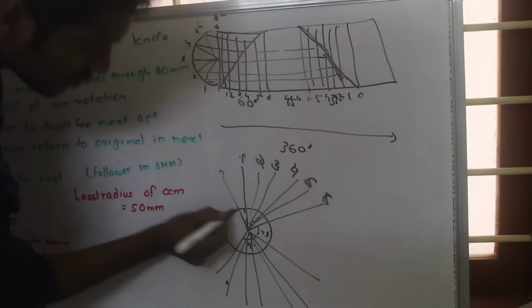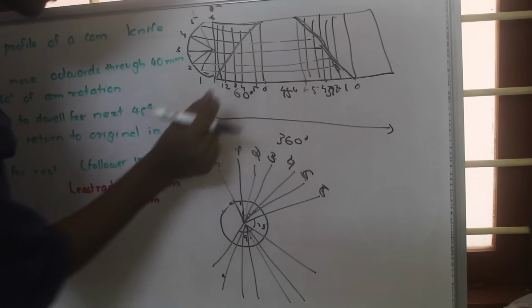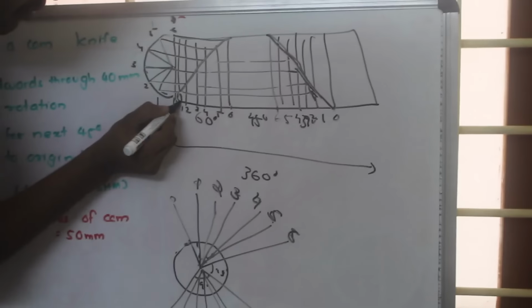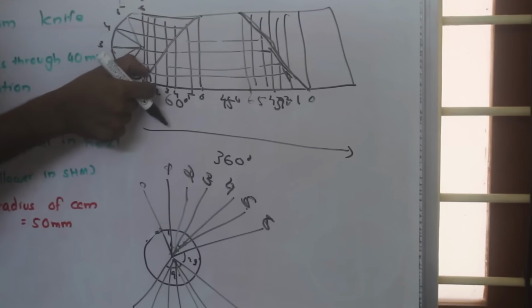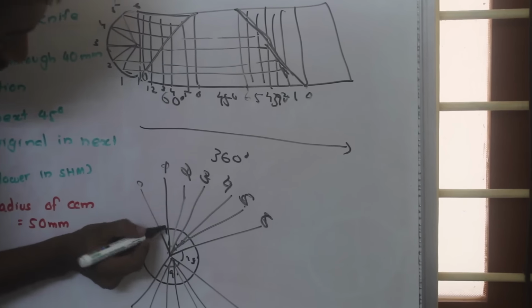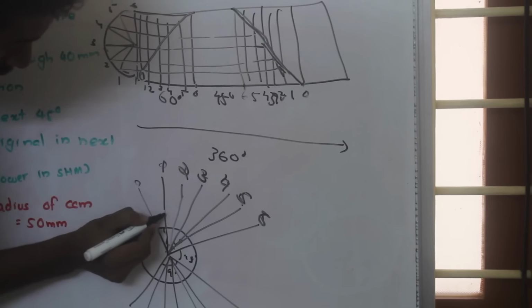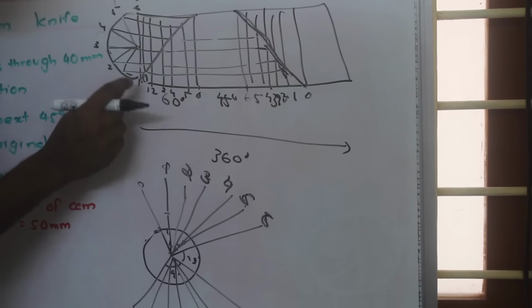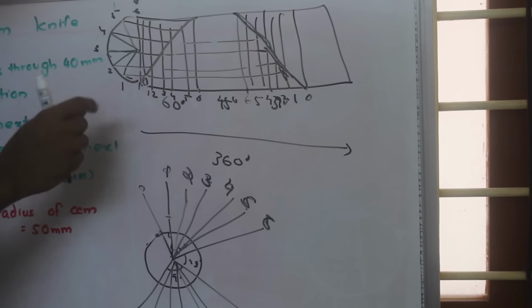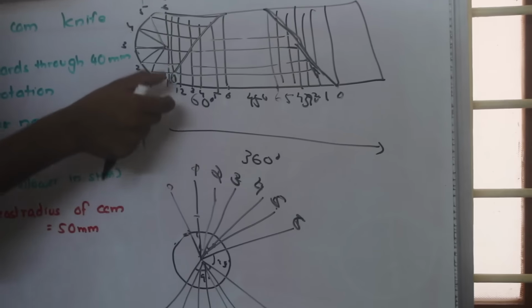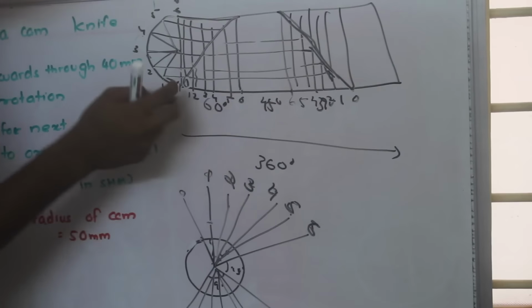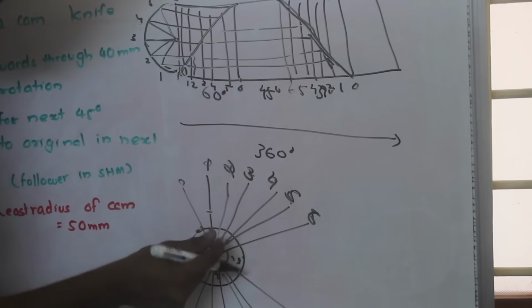During 1, the cam will rise from the base radius to a height represented by this point. So this much distance will be measured, and we will cut it here. So we will get a height. Then during the motion from 1 to 2, the cam will rise from the base circle by the height shown in this figure. This much height. So we will cut that much height.